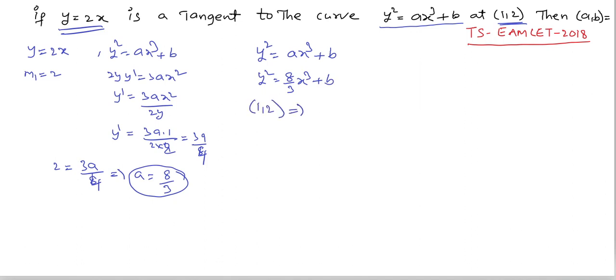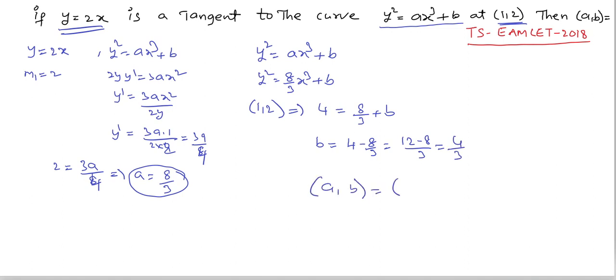Substituting (1, 2) in the curve equation, 4 = 8/3 + b. So b = 4 − 8/3 = (12 − 8)/3 = 4/3. Therefore (a, b) = (8/3, 4/3).